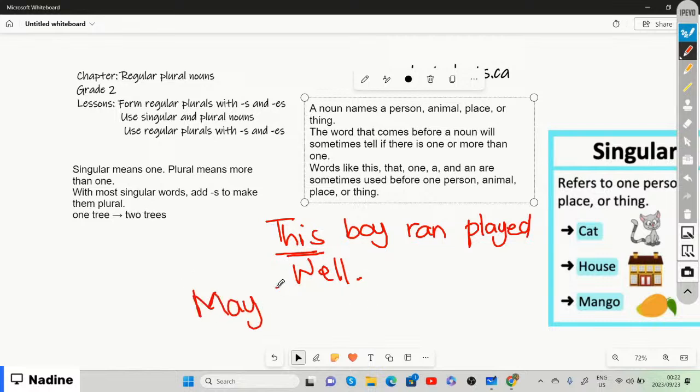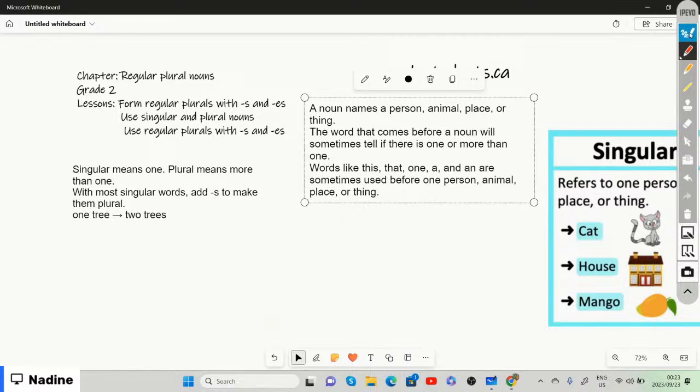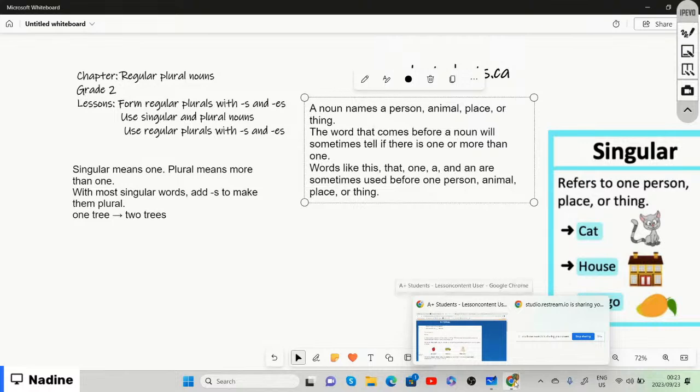May I have an apple, right? So an gives us an indication that you only want one apple, right? So this is the example of what they were saying with words like, for example, this and an, right? Once it is in front of a specific noun, it will either give us an indication that it is singular, or we're referring to one of that, one person, one place, one animal or thing.